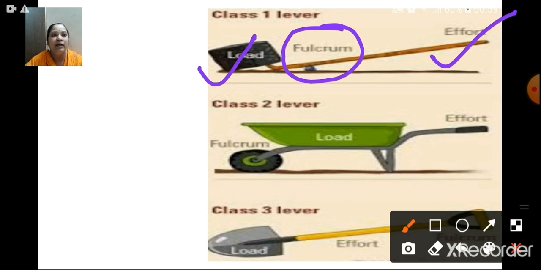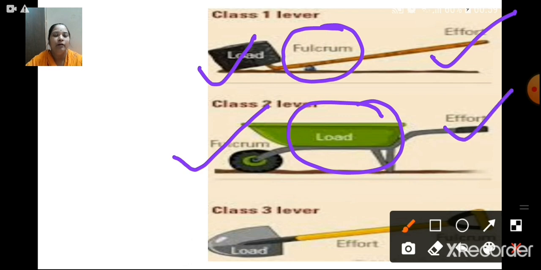The examples of first class lever are seesaw and scissors. We are going to discuss more examples in detail. Now in the second class lever, load is between the fulcrum and effort: fulcrum, load and effort. The example of second class lever is the wheelbarrow, as you can see in the picture.